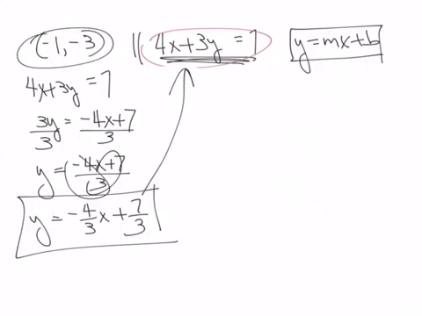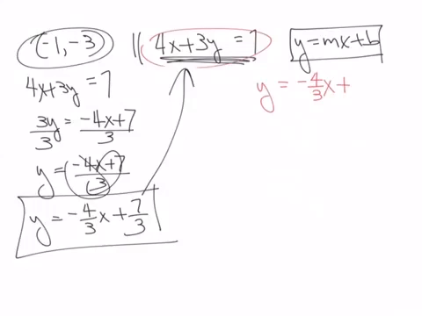Okay, so looking at what we have right here, what do we know? We know the slope is -4/3. Well, the question says find an equation that is parallel to this equation. Well, if it's parallel, it's going to have the same slope. So what kind of information do I have? I have that much of this new equation that we're looking for.